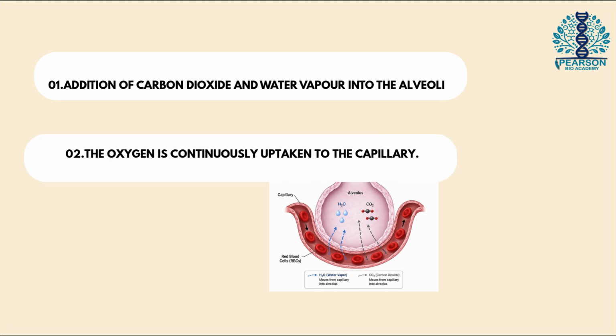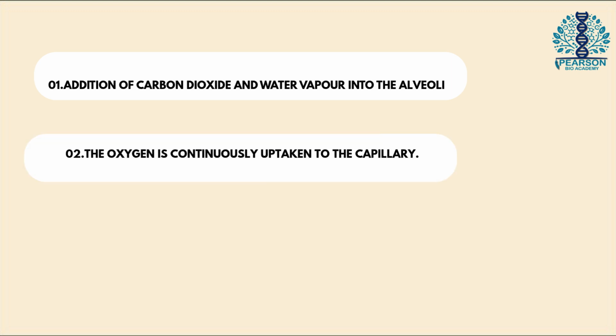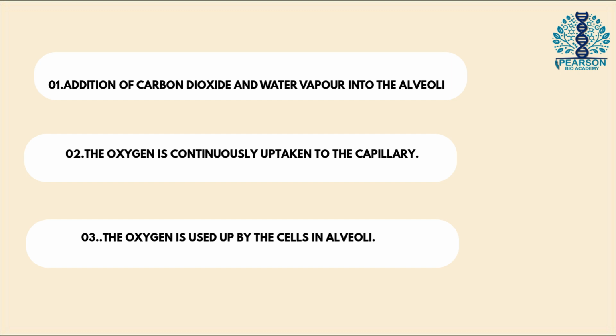And then, once oxygen enters the alveoli, it's quickly taken up by the capillaries in order to supply body cells. So, it can also reduce the oxygen availability. And if you want an extra point, oxygen can also be used by the cells lining the alveoli because they are living cells and they also require oxygen. So, these are the 3 points you can write.